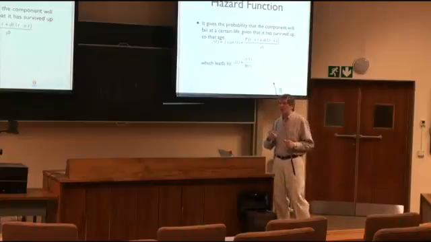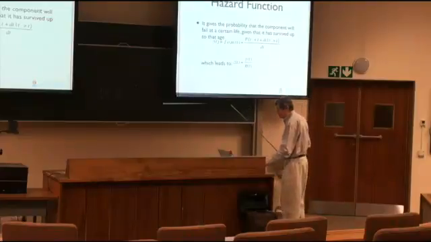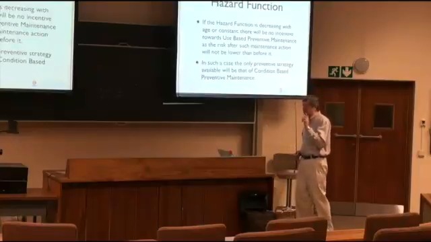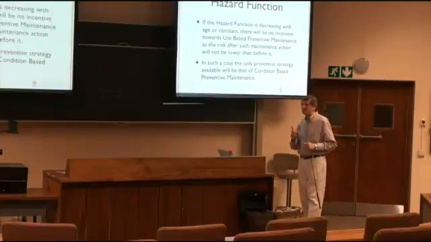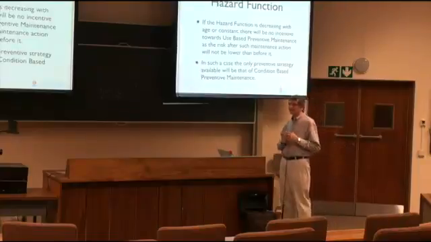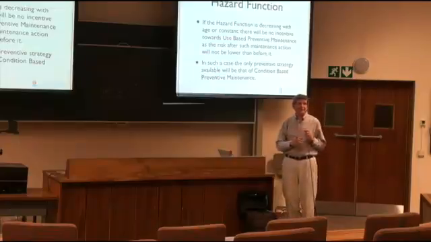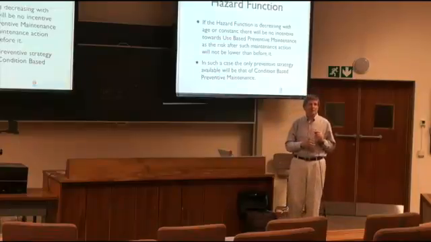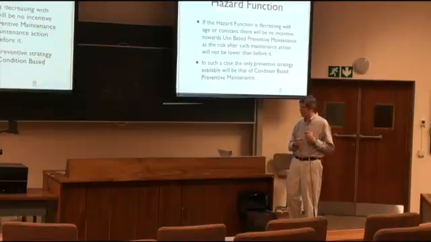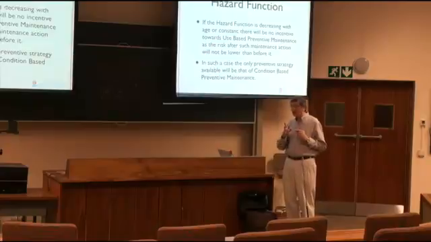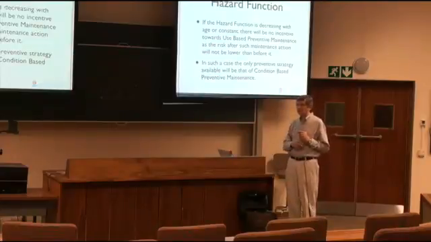Now, what we're saying on the next screen is, if that risk is decreasing with age, because you get components for which that is true, when that risk decreases over time, then it would not make sense to replace that thing in a use-based sense.